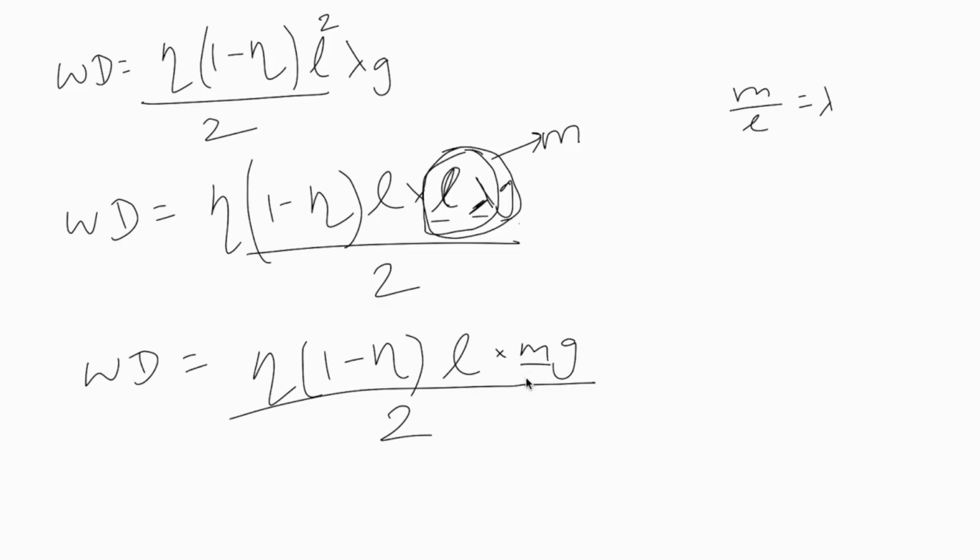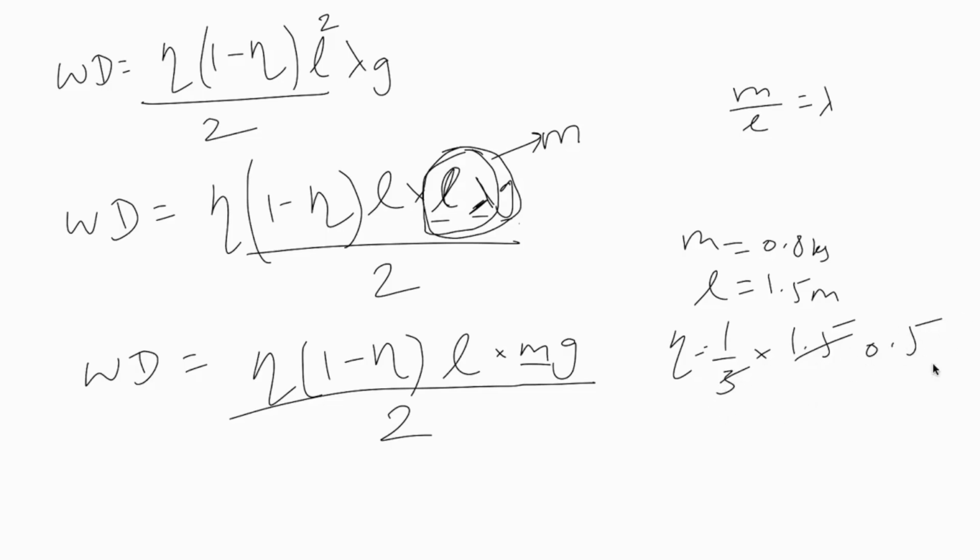So we have the mass of the chain, which is 0.8 kg, the length is actually 1.5 meters, and this eta was actually given as 1 by 3 times L, so 1 by 3. So when you compute this, you get something like 1 by 3 into 1.5, and when you cancel this out, you get something like 0.5 again.